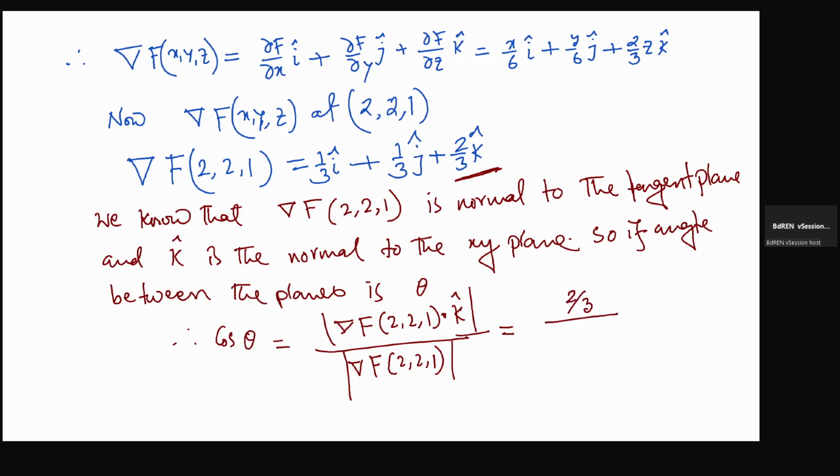Everybody, do you understand or any confusion? And if we find the modulus of this one, then we will get x component square, y component square, plus z component square. Any confusion, anybody?